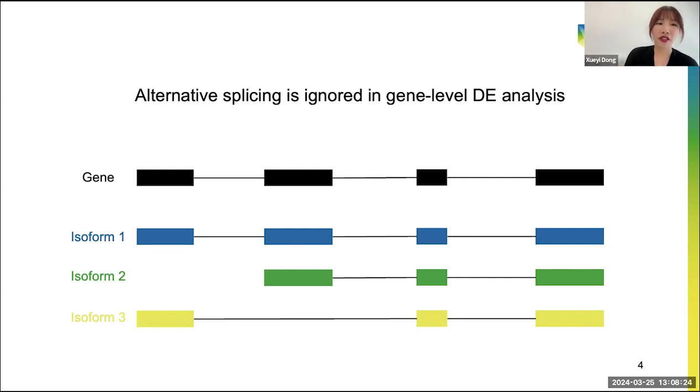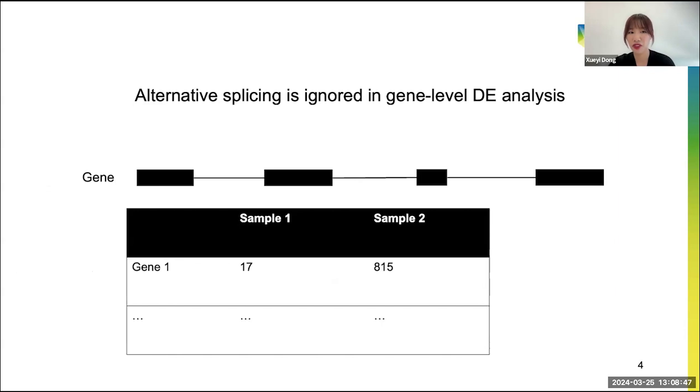But when we are studying at the gene level, all of our counts from the different isoforms are aggregated into the same gene. So we will lose the higher resolution information on the transcripts. So that's why we need to study at the transcript level.